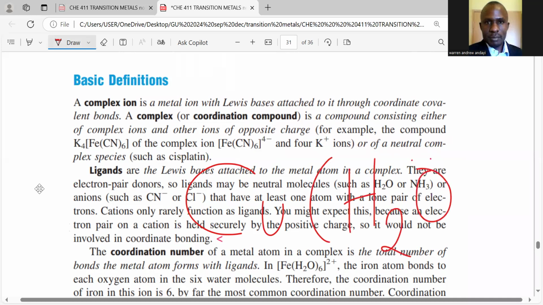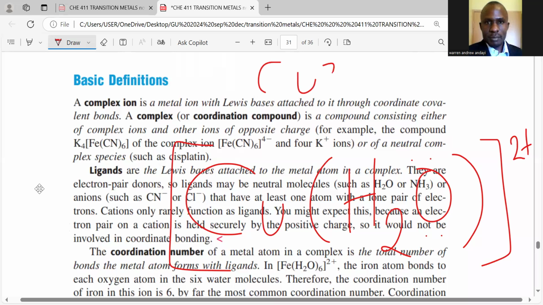Remember, this has a lone pair, so it's a base attached to it. So this is a complex ion. But copper 2 plus itself is not a complex ion. It only becomes a complex ion after it has been coordinated by Lewis bases.